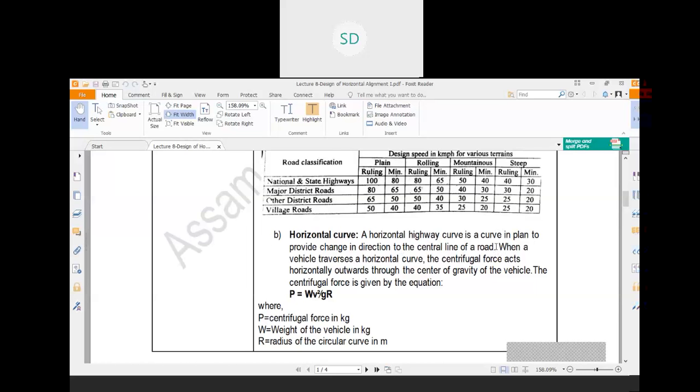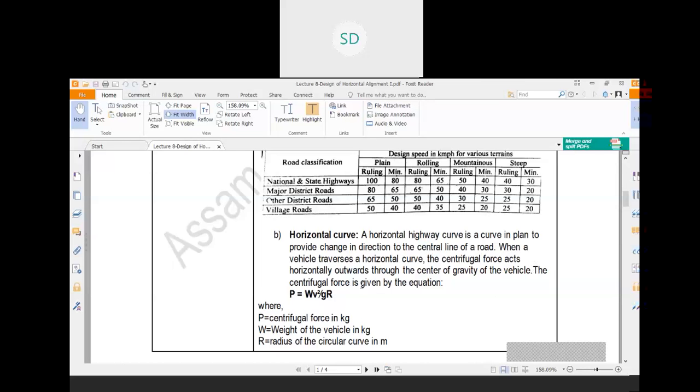Now, when a vehicle traverses a horizontal curve, that is, when a vehicle moves through a horizontal curve, the centrifugal force acts horizontally outward through the center of gravity of the vehicle. You know about the centrifugal force, that is the force acting outward whenever an object is moving in a circular motion.